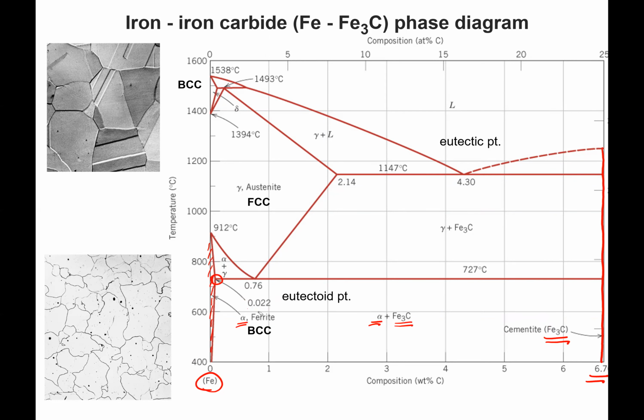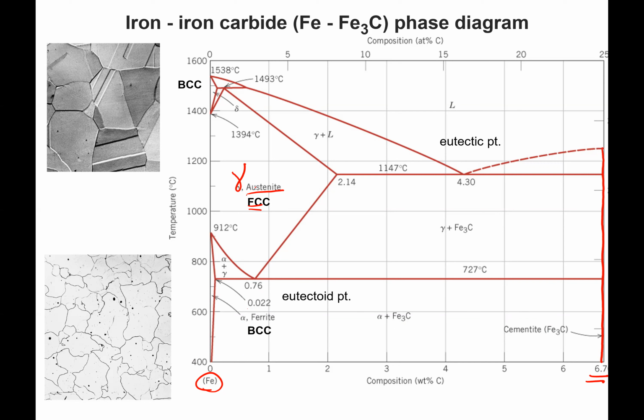All right, so how do we get the carbon into the iron in the first place so that we can actually get this process of separating out the second phase? We do that by heating the steel up into the austenite region. And this is gamma iron. It's face-centered cubic now, referred to again as austenite.